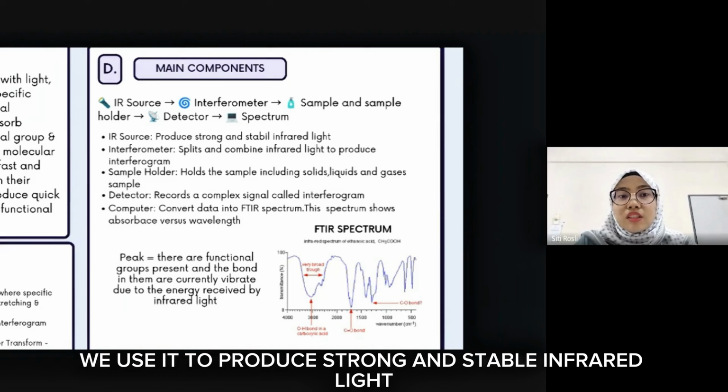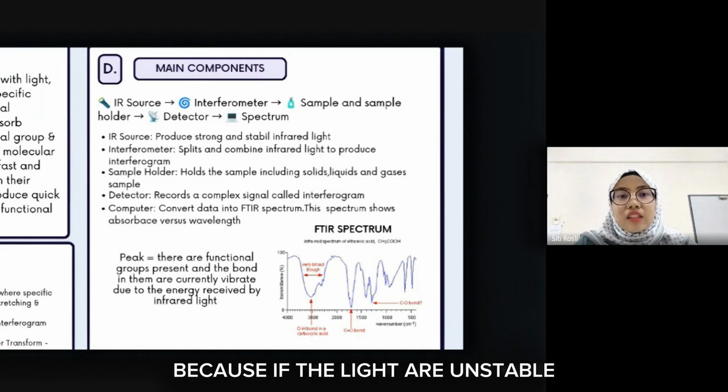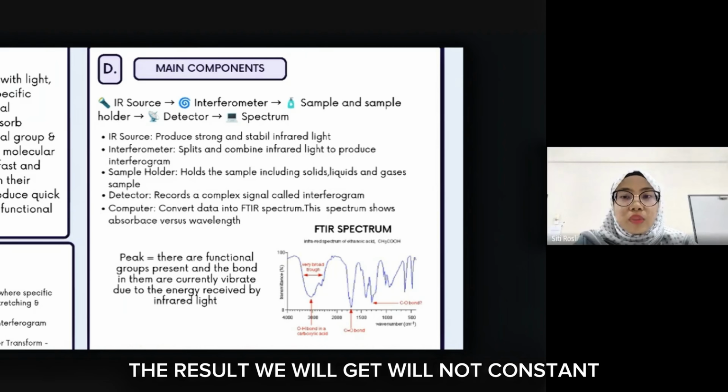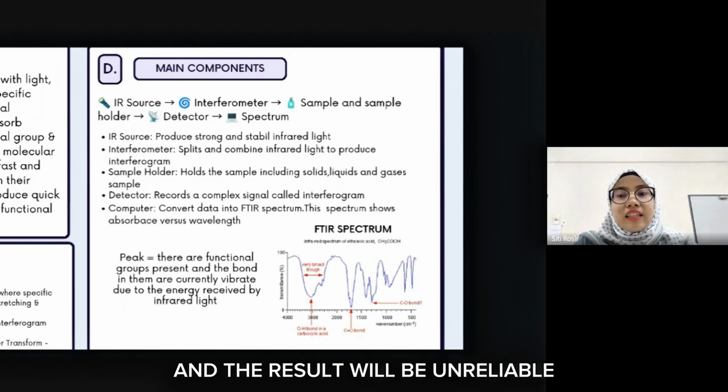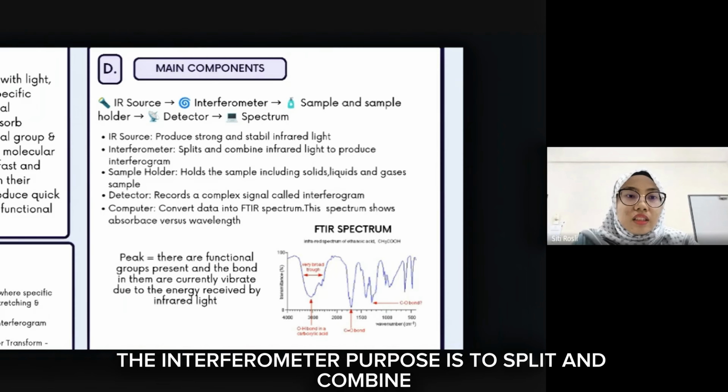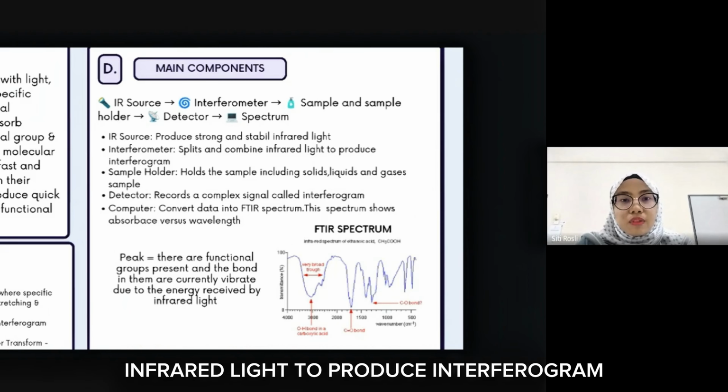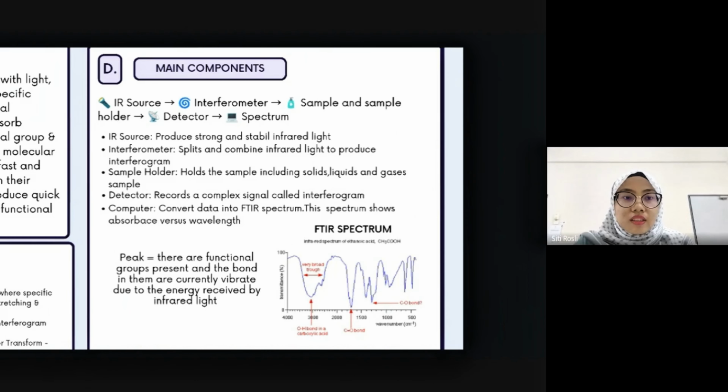The IR source is used to produce strong and stable infrared light, because if the light is unstable, the result will not be constant and will be unreliable. The interferometer's purpose is to split and combine infrared light to produce an interferogram.